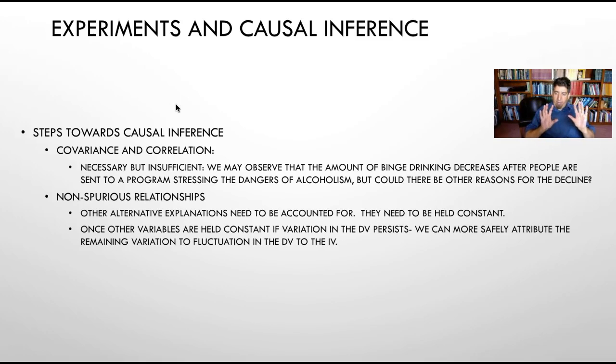So once we do that, and if after holding those other explanations constant, we still see the variation in the dependent variable due to manipulation or changes in the independent variable, then we can more safely attribute the remaining variation in the dependent variable to changes that were made in the independent variable. So we can establish the link between those two things.